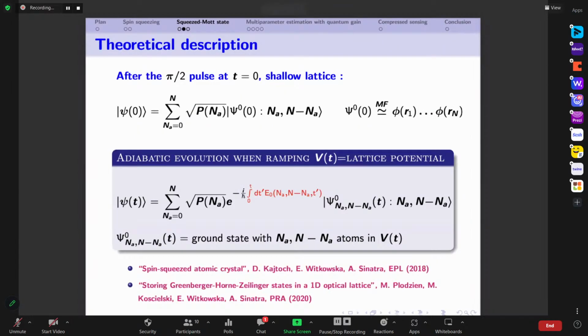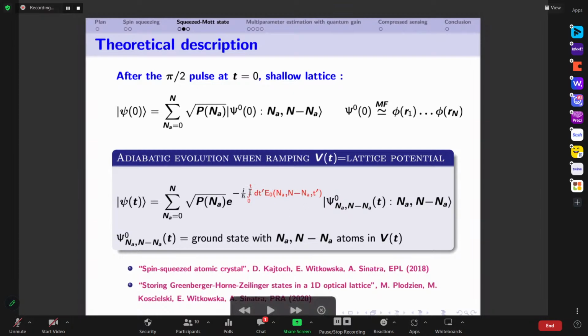And I added one slide, a theoretical slide, if you are interested to understand how one can describe this. The idea of the adiabatic evolution is that you take your initial state, expand it over the Fock states, and then when you ramp the lattice, each of these Fock states will evolve with some phase, which is represented here, which depends on how many atoms in A and in B there are and the lattice height.